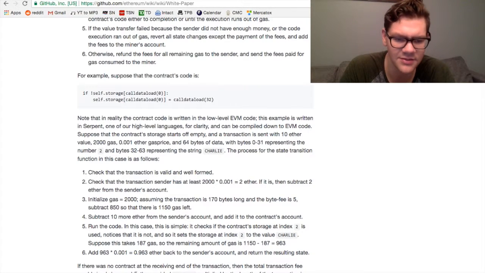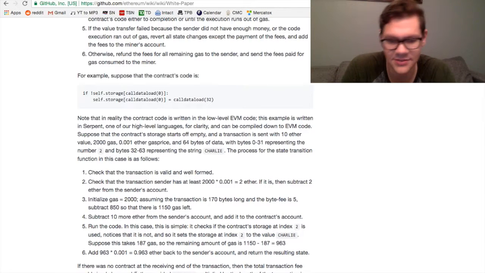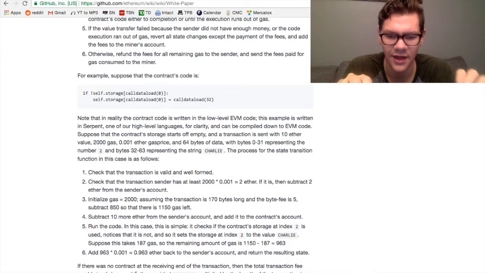Suppose this takes 187 gas, so the remaining amount of gas is 1,150 - 187 = 963. Add 963 * 0.001 = 0.963 Ether back to the sender's account, and return the resulting state.